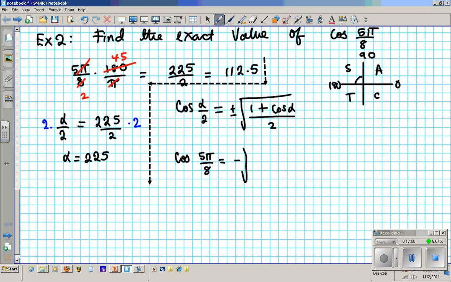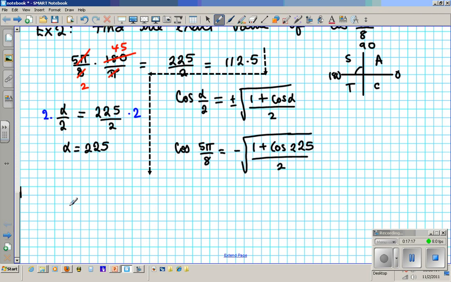Square root of 1 plus cosine, what is alpha? 225. 225 divided by 2. So I need to evaluate what this is using my unit circle. Remember, cosine is the x-coordinate of the point of the angle on the unit circle.